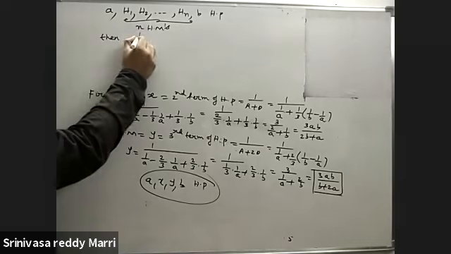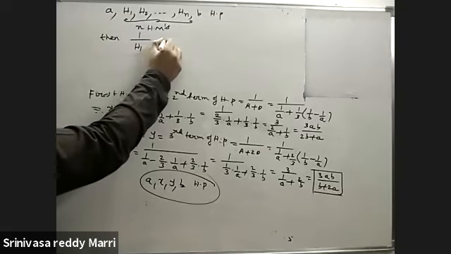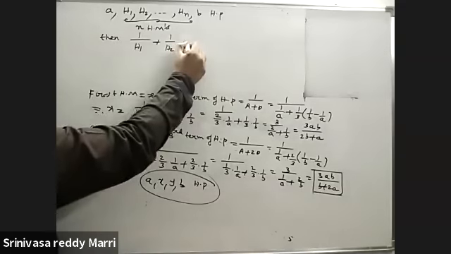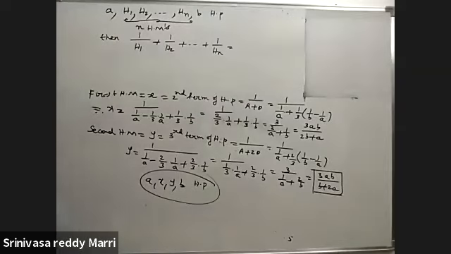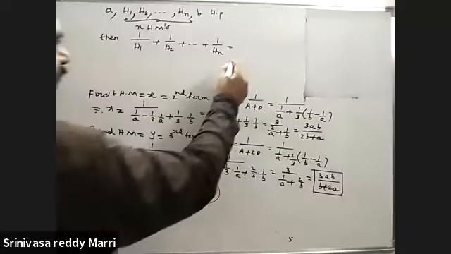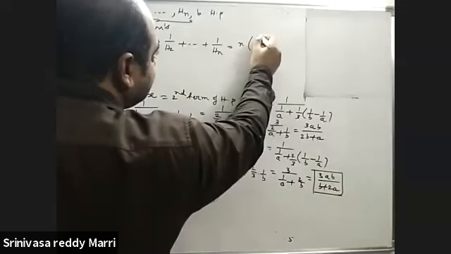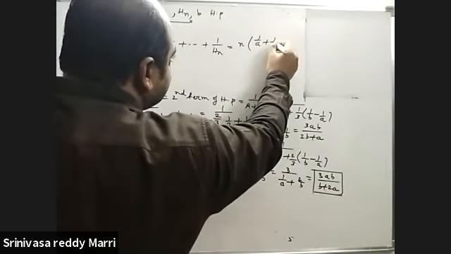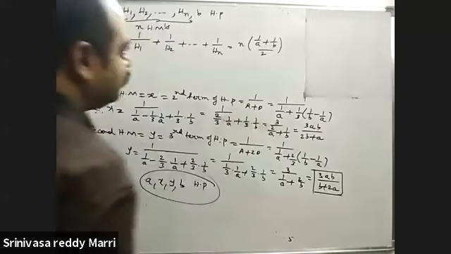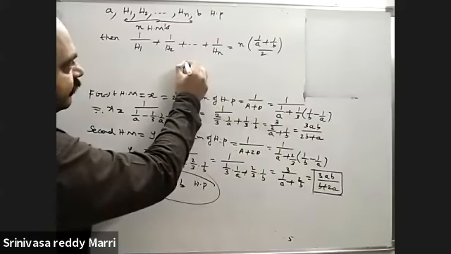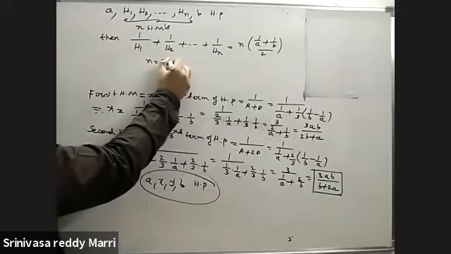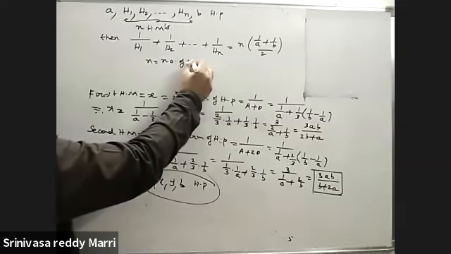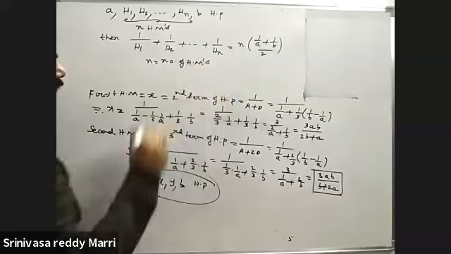the property is 1 by H1 plus 1 by H2, the reciprocal sum of all harmonic means, is nothing but the formula n into 1 by A plus 1 by B divided by 2, where n is the number of HMs.